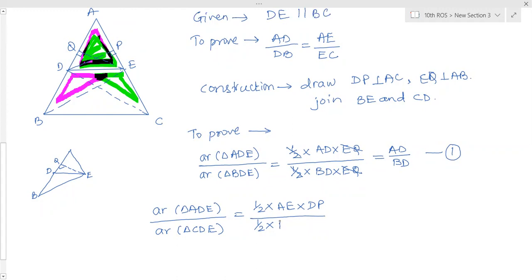So half gets cancelled, DP gets cancelled. So the ratio is AE by EC.